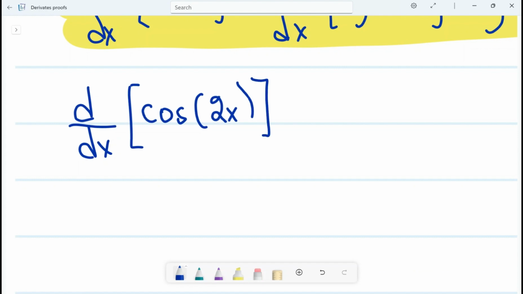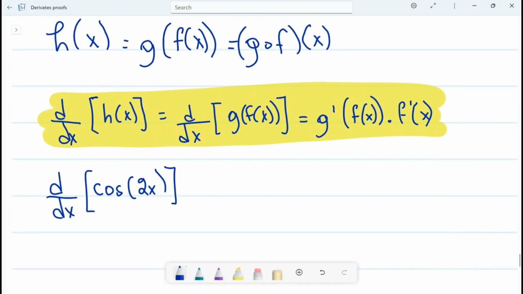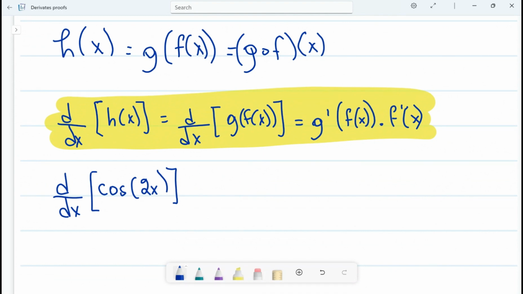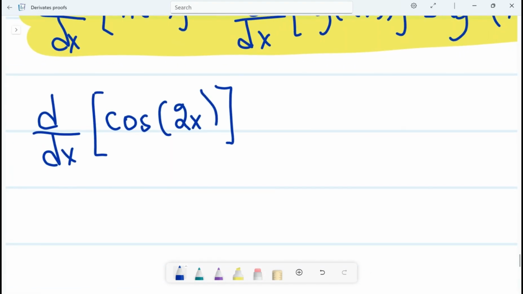The derivative of cosine of 2x, again, as we wrote up here, first we start with the derivative of g evaluated at f of x times the derivative of f of x. So for cos of 2x, what is the derivative of cos? It's negative sine, and we evaluate it at f of x.